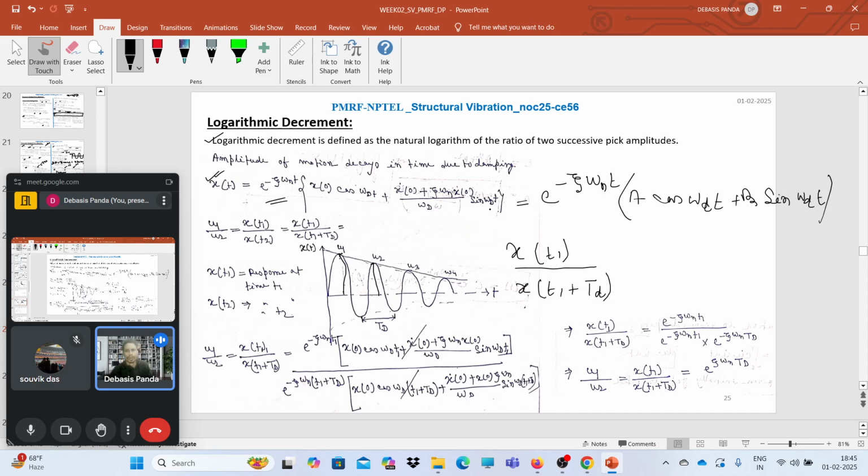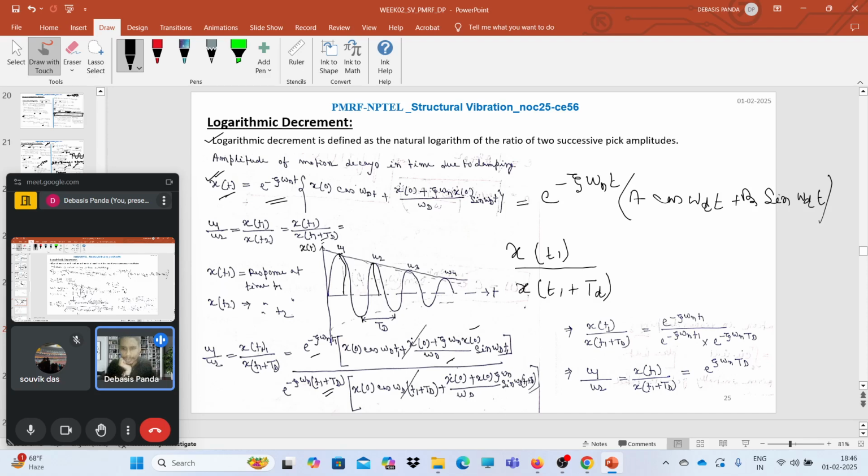So for t1, what will be the response? It's nothing but e to the power minus xi omega n t1 times x0 cos omega d t1 plus (x0 dot plus xi omega n x0) sin omega d t1 divided by omega d. Now at t1 plus td, that means after one cycle, we have two successive peak amplitudes. Instead of t1, we write t1 plus td.